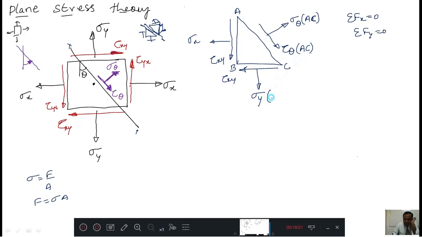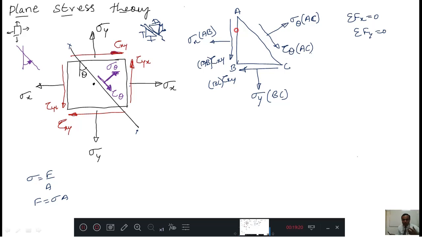Where this is acting is BC, where this is acting is AB. Now all the stresses are converted into forces. Now I can apply summation of Fx equal to 0, summation of Fy equal to 0.